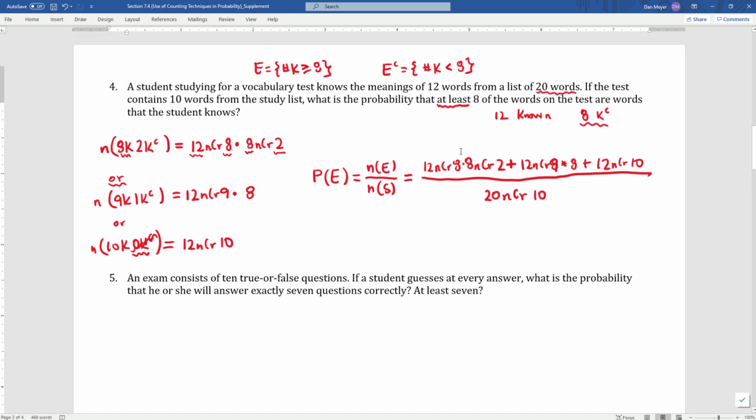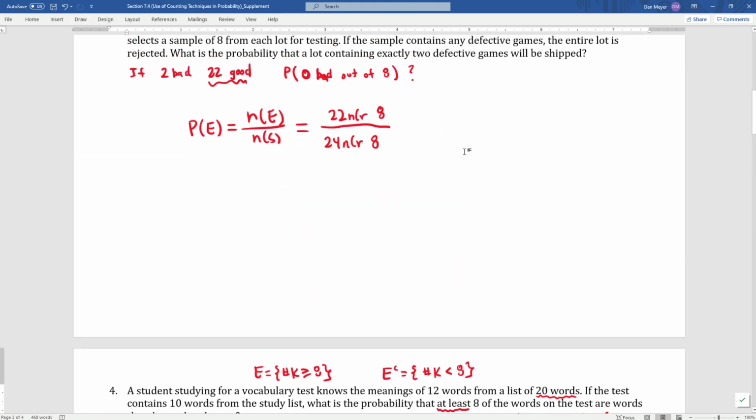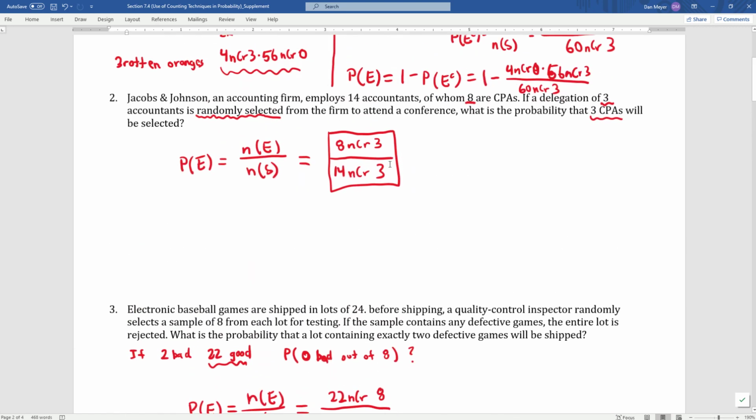Notice here that the number of things being chosen in the denominator is the number of things chosen in the numerator.